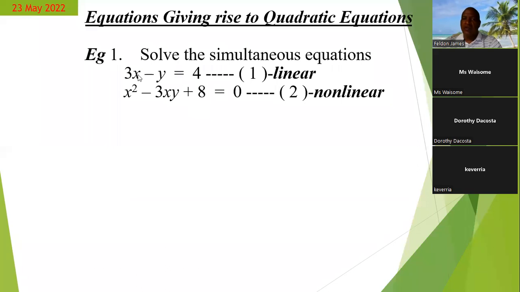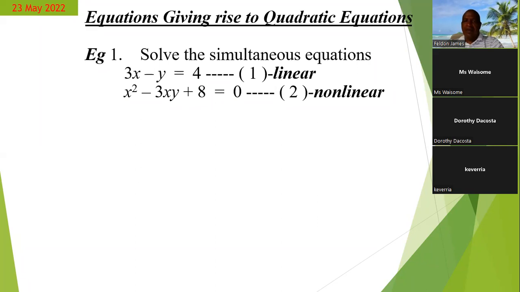Now, what do I mean by making the subject? You're going to either choose to keep x by itself on one side, or you're going to choose to keep y by itself on one side. So if you choose to make y the subject, then you're deciding to solve for x. If you choose to keep x the subject, then you're deciding to solve for y.